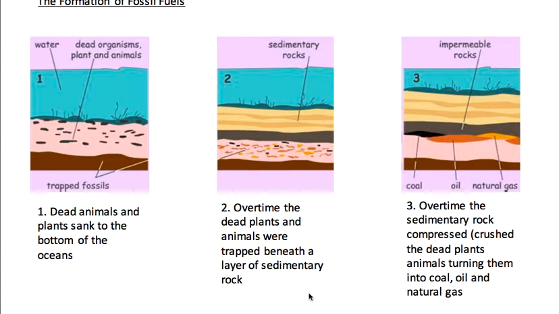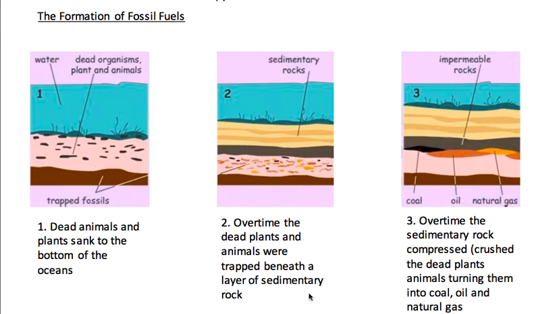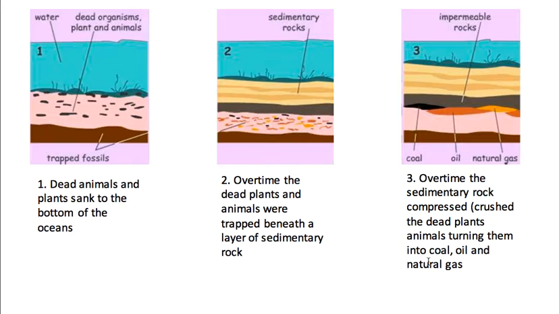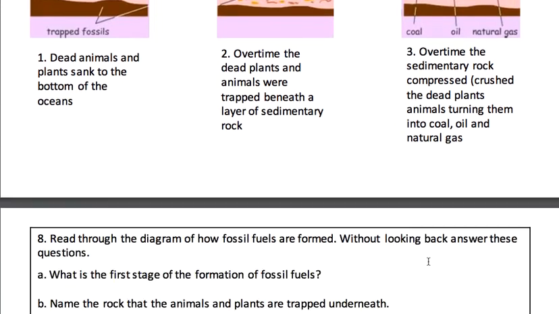One more time then, let's go through that. Dead animals sink to the bottom of the ocean, stage 1. Stage 2. Those animals get squished or compressed by sedimentary rock. Stage 3. When they're being compressed, they turn into coal, oil, and natural gas, and those are what we burn to make our electricity.